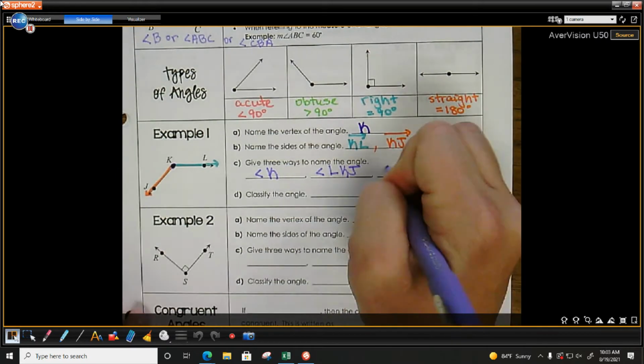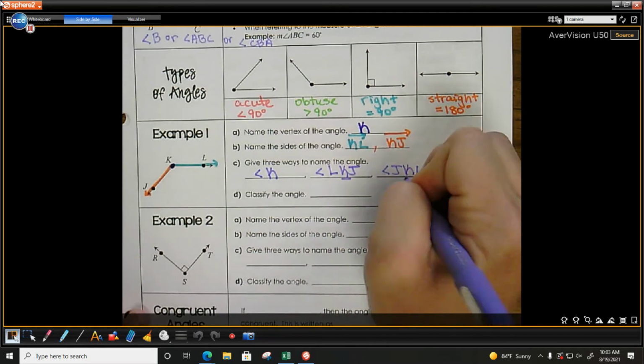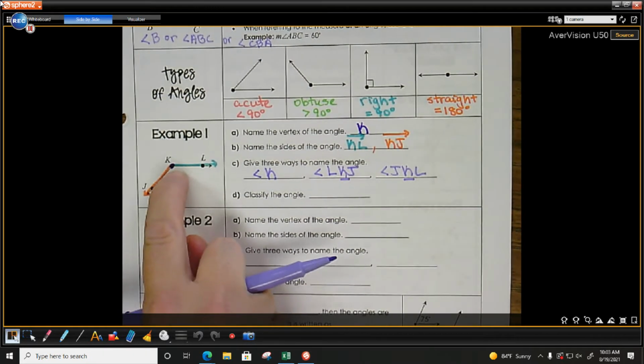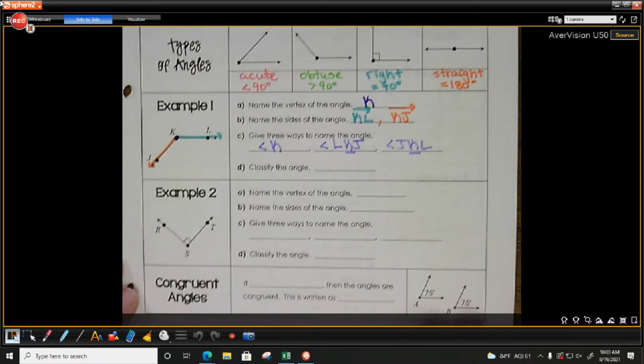Angle JKL. Notice both of these that I used 3 letters. What's the middle letter? K, which is where the vertex of the angle is. Okay? We good with labeling or naming our angle? Again, order matters. There is more than one correct way to do it, but there are also wrong ways to do it.